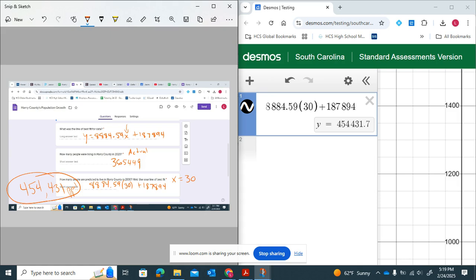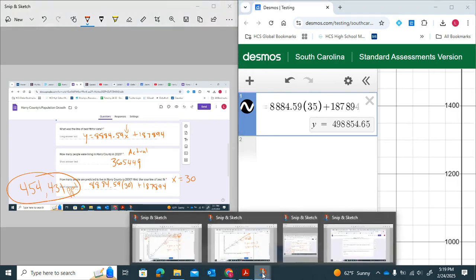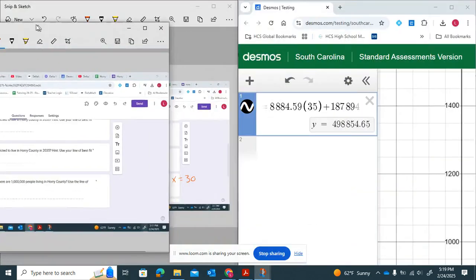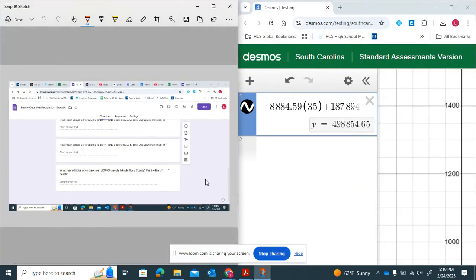And I believe the next question is how many people are in the year 2035. All you do is make that a 35. And we're at just about half a million people. There would be 498,854 people predicted.